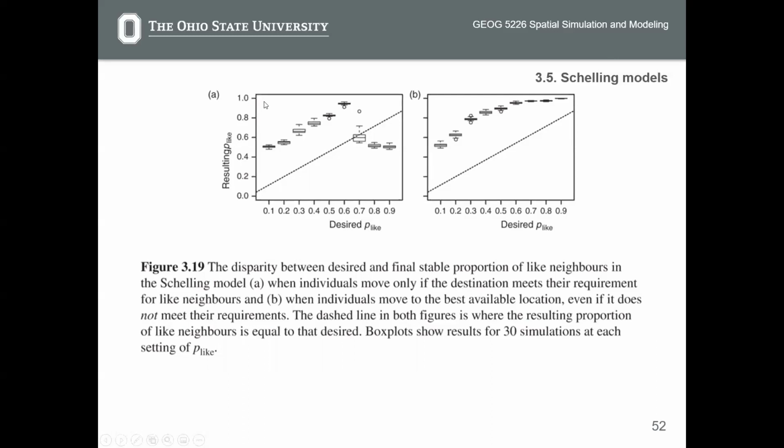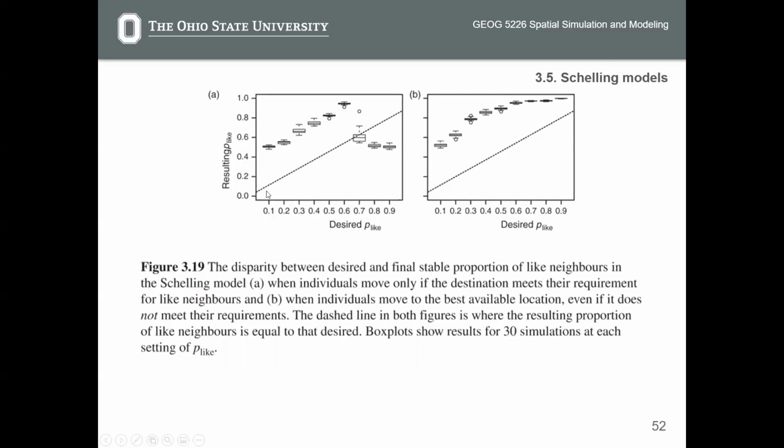So you can see the results here. The vertical axis on the left side and on the right side are both for resulting p-like, which means, in the end, when nobody can move, what's the distribution of p-like, that's the resulting p-like, right? On the left side, we can see that as the desired p-like increases, the resulting p-like also increases.